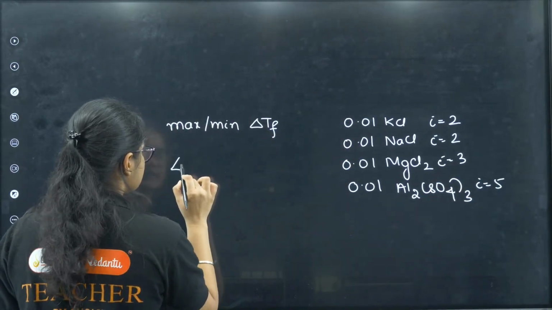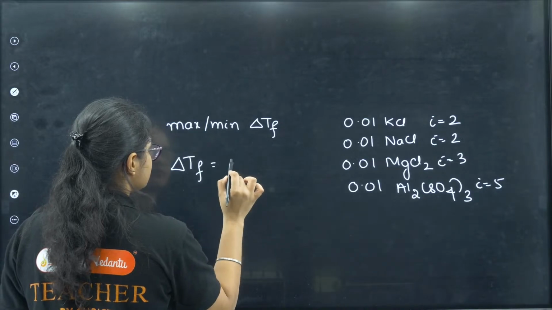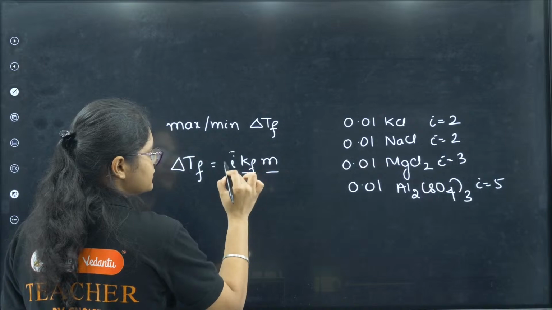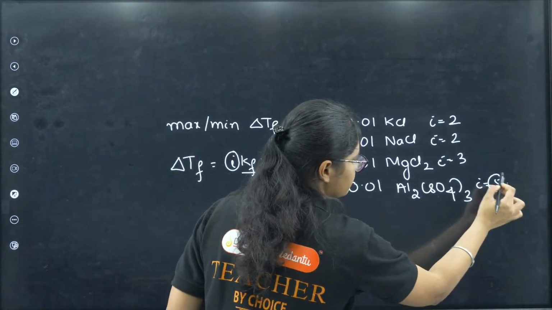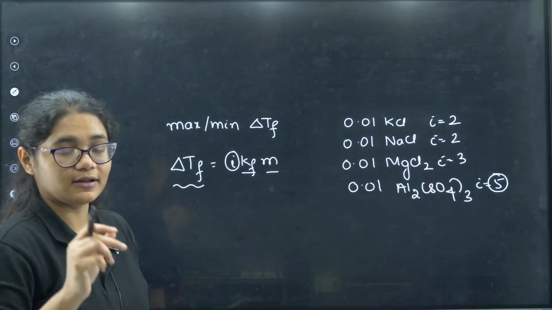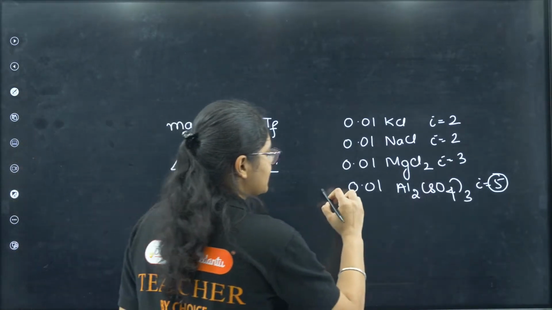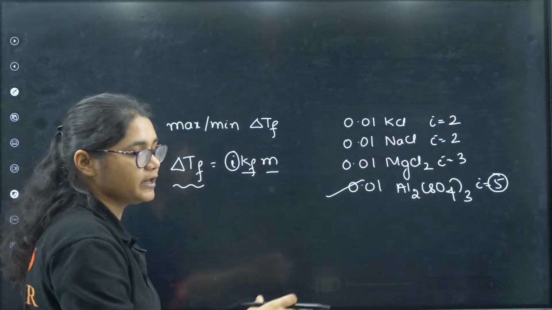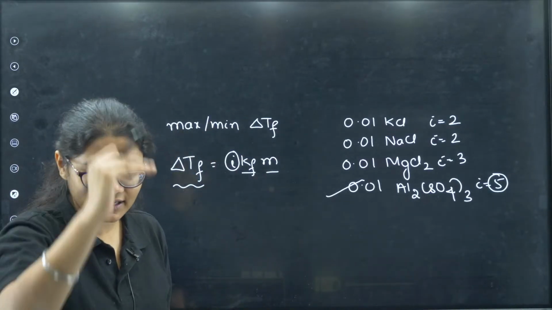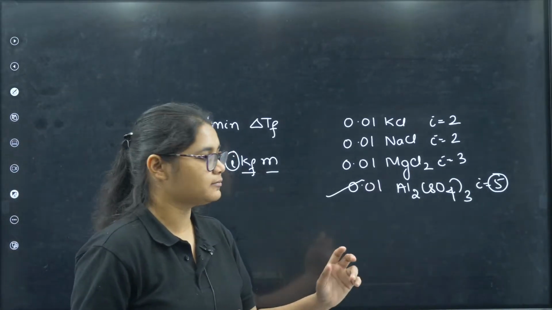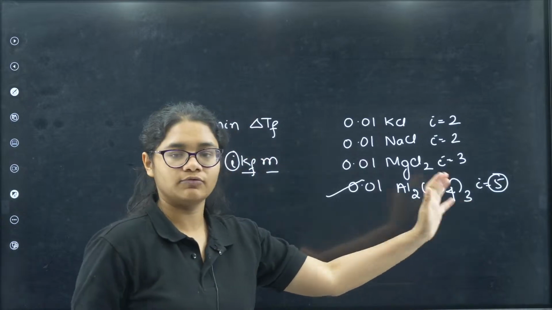So delta Tf is equal to i into Kf into m. Kf and m are constant, so the i value is maximum for 5. So delta Tf, the depression in freezing point, is maximum in this one. In which of the following has the freezing point gone down the most? That is your Al2(SO4)3.